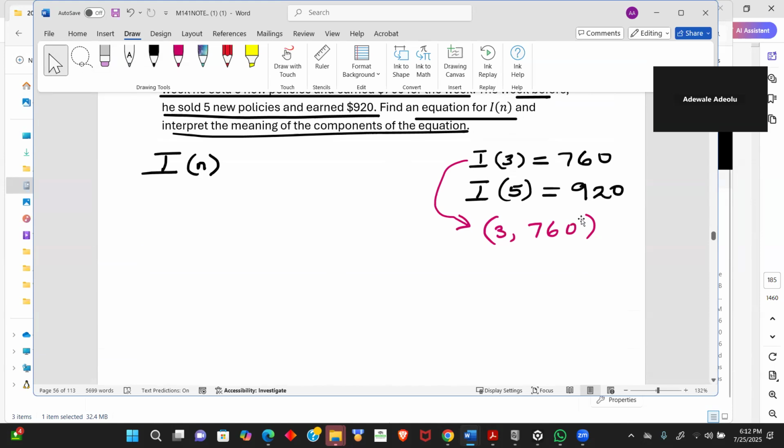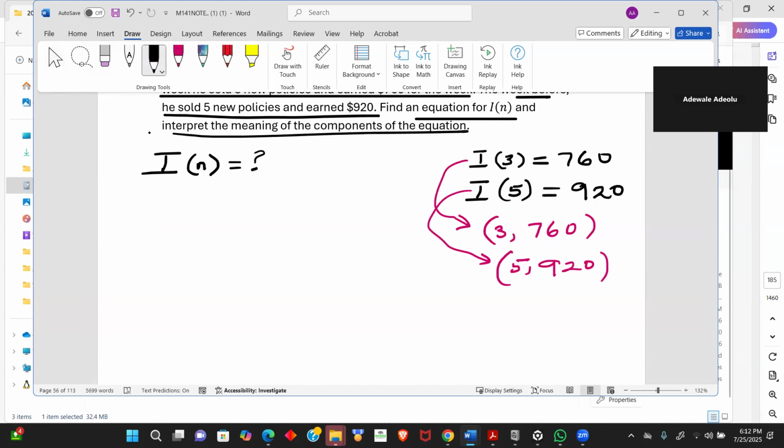This is X, this is Y, right? X1, Y1. Beautiful, right? The other one, I can write as 5, 920. Again, this is X, this is Y. I can say this is X2, this is Y2. Now, you know what that means. I can find the slope. I can find my linear equation now. So this is what we are looking for, that equation.